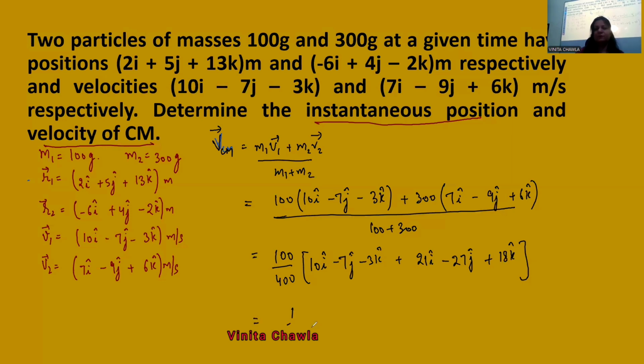One by 4. Answer is 31 i cap minus 34 j cap plus 15 k cap by 4.